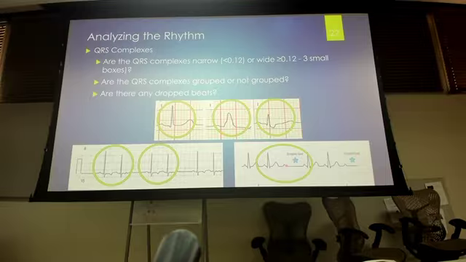Those P waves line up exactly. That means the atria are depolarizing appropriately, but something has blocked that depolarization going down to the QRS complex, and now I have a dropped beat. Okay, a dropped beat. So we want to make sure that we have P, QRS, and that would indicate that we have appropriate depolarization down to the ventricle.